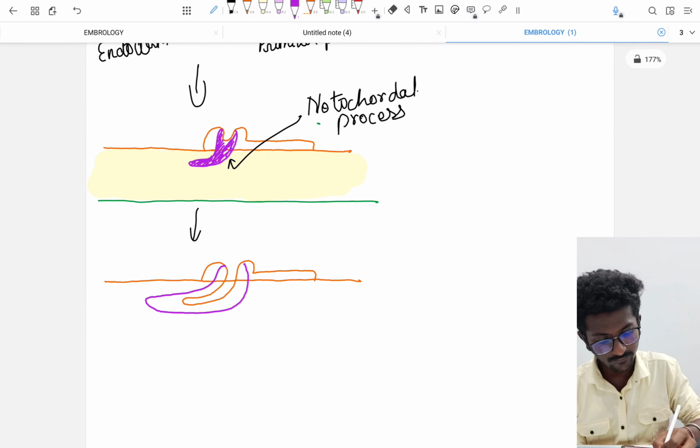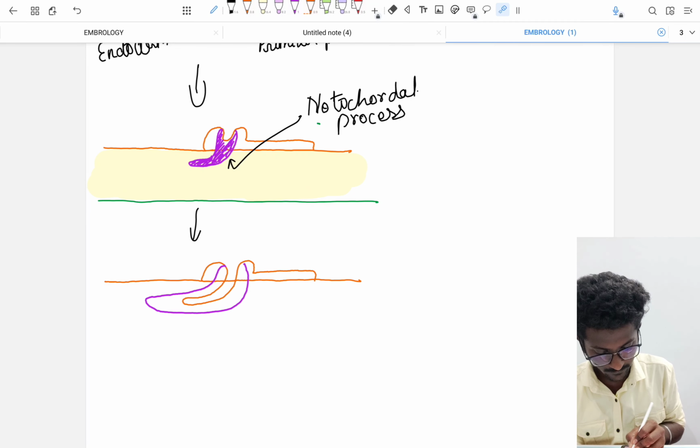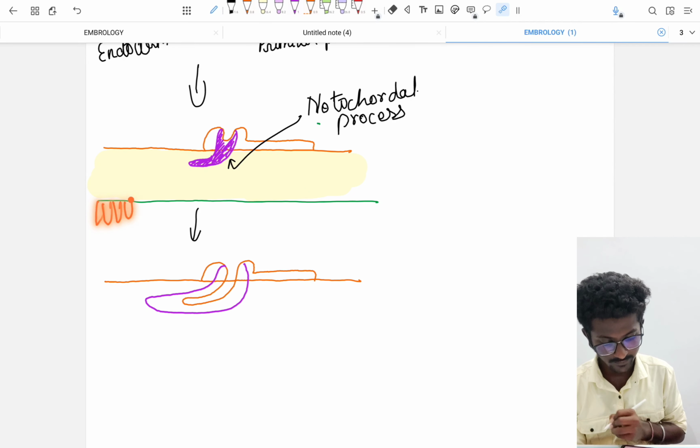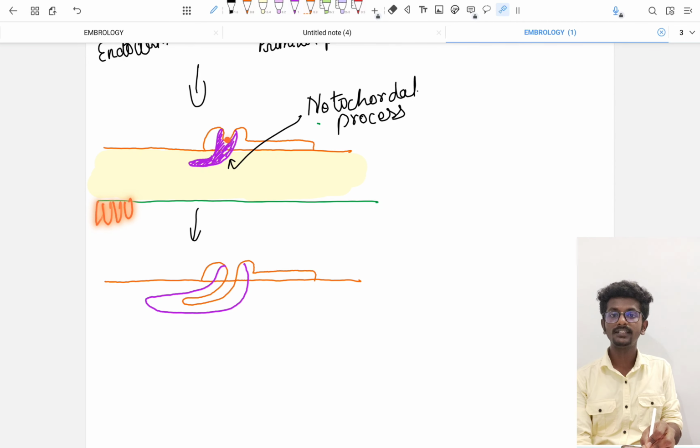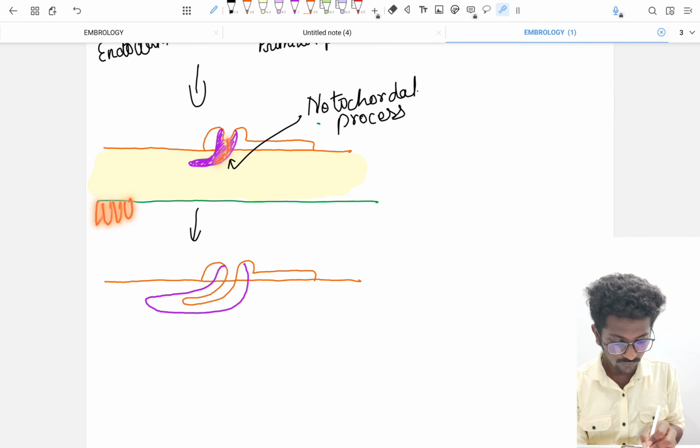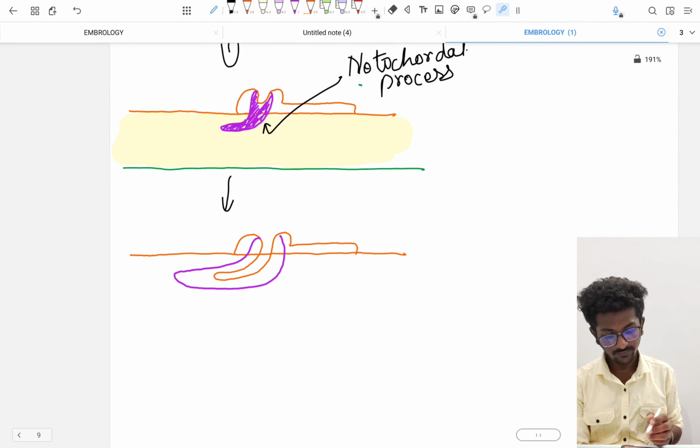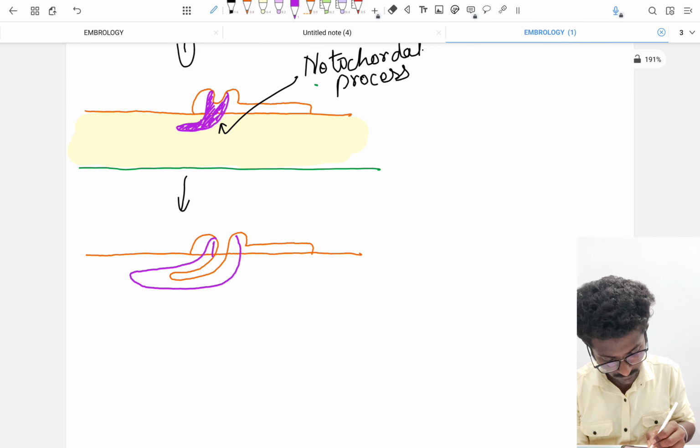Assume that somewhere here we have the prochordal plate, and this notochord will be extending from the primitive streak to the prochordal plate. So now it's extending even deeper.